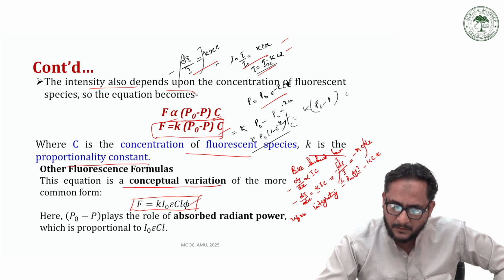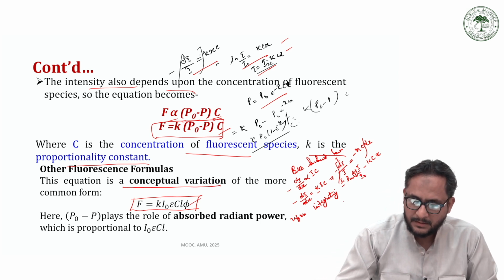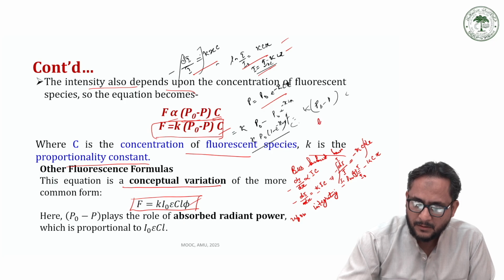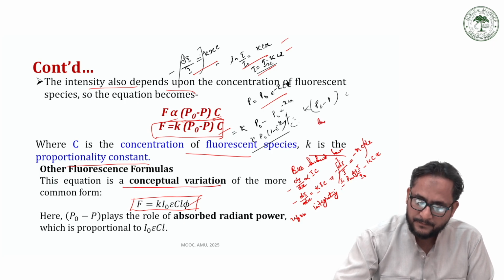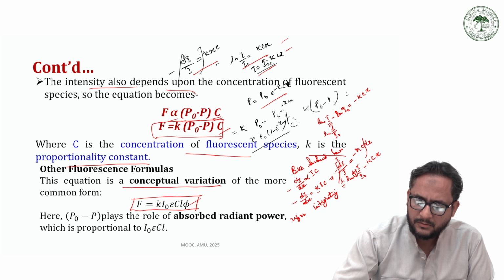So we put I here and I naught there, then this becomes natural log I minus natural log I naught is equal to minus k c x. It becomes ln I upon I naught, because log a minus log b is equal to log a upon b, equals minus k c x.